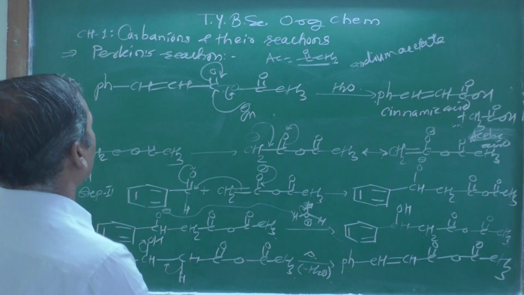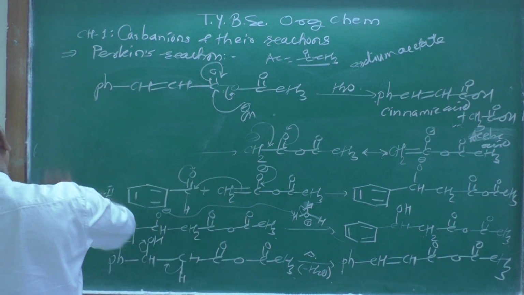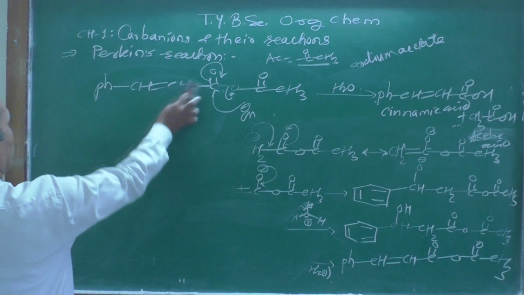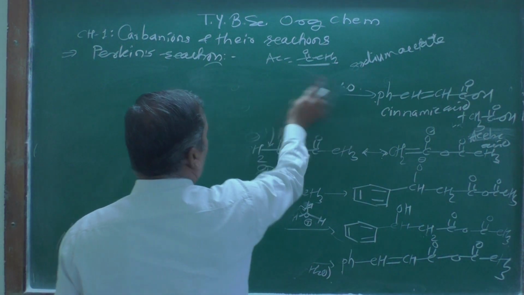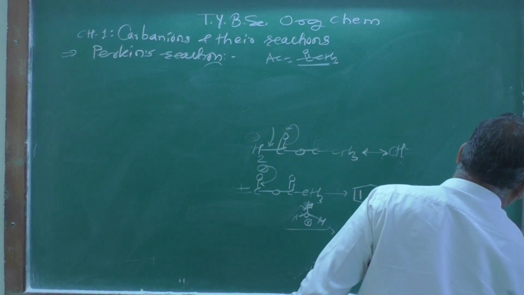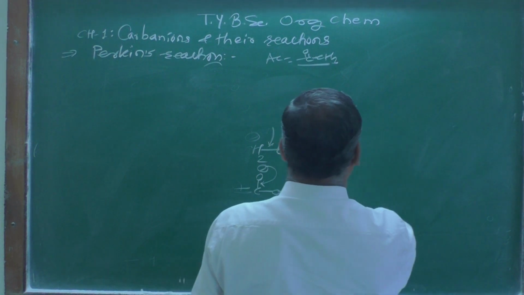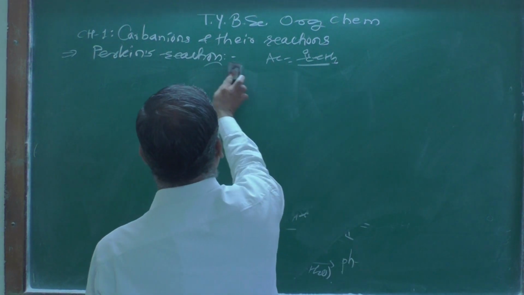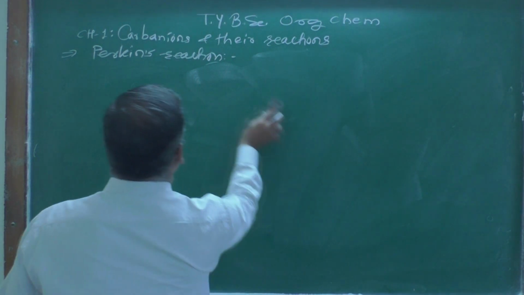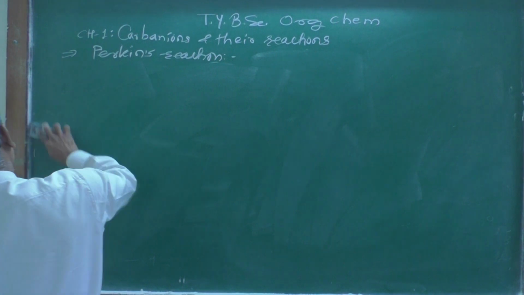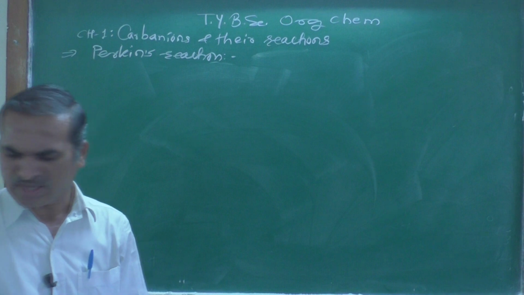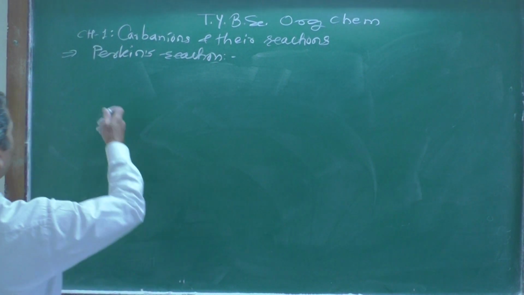Now let me give you one more example over here, whether you are able to predict the product or not. Let me check. Let us see an example now, so that you can clear your doubts. I am giving one example by considering the starting material as benzaldehyde, no doubt about it.